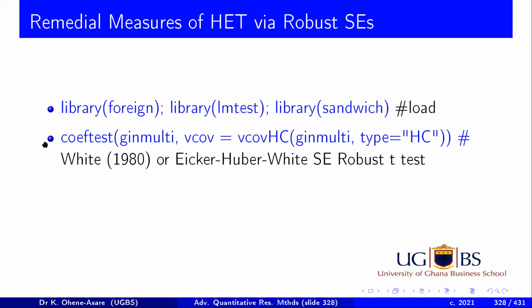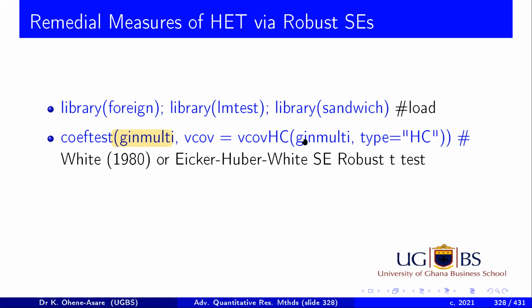So the first thing we are going to do is invoke a command called library foreign. Our LM test, you remember we did it, and it shows that it's heteroskedastic. Then we invoke a command called sandwich. We'll load all of this. This is under the assumption that you've not done it before, but you are doing it the first time. Then we are going to use this command, coeftest with vcovHC, the variance covariance matrix of the heteroskedastic standard errors.